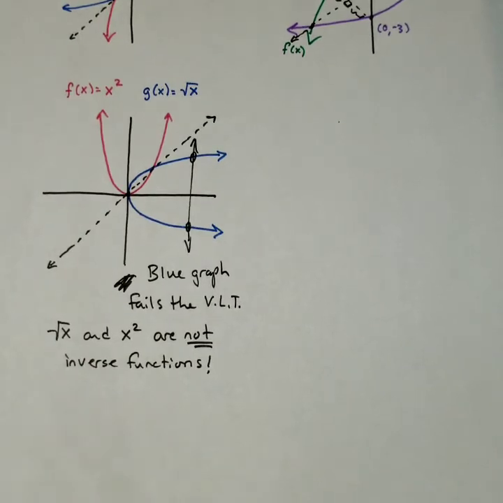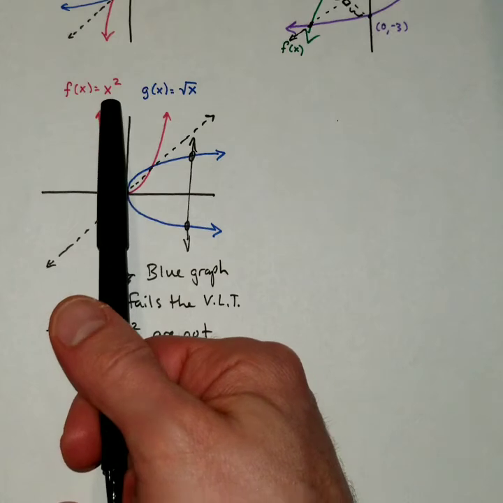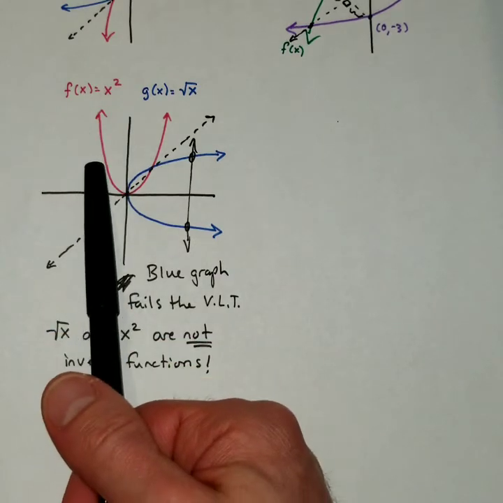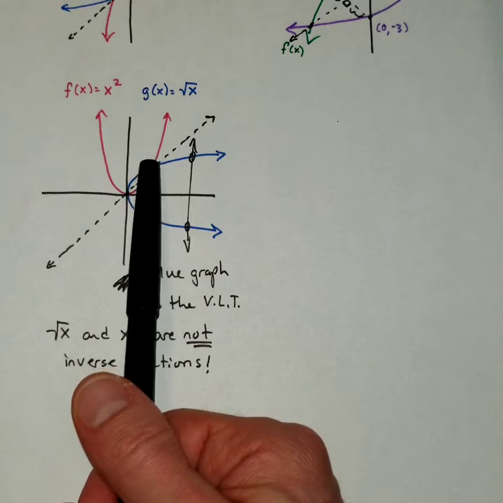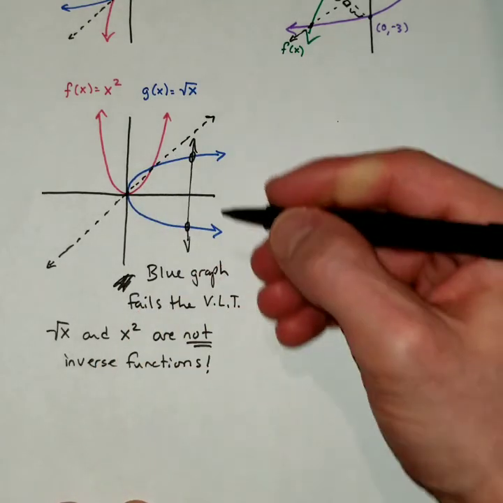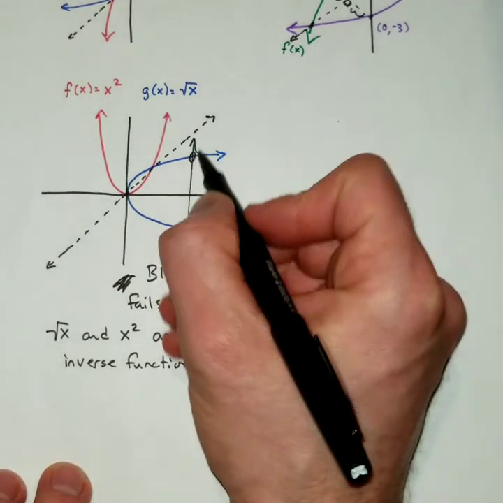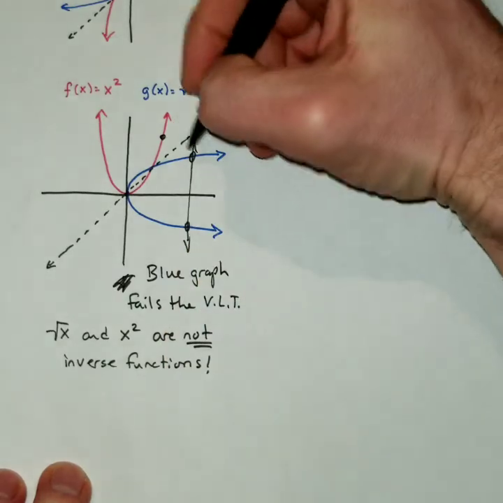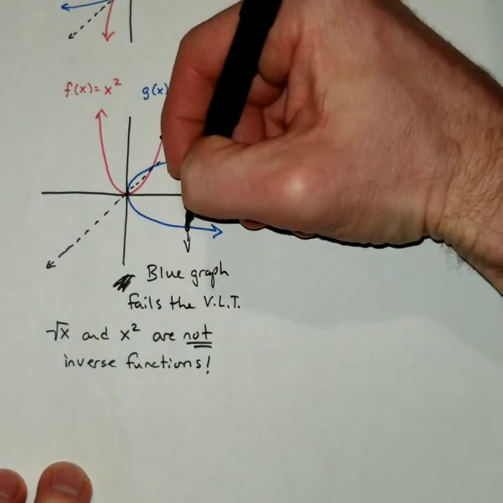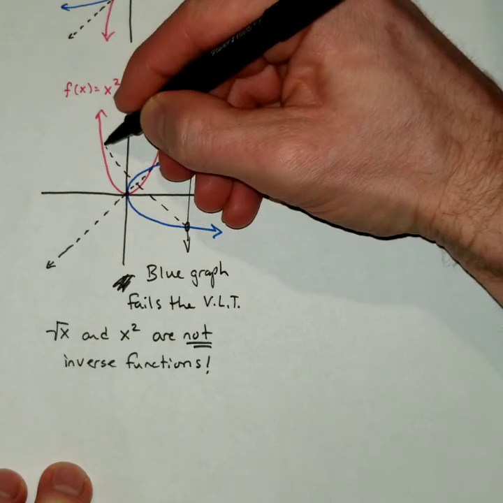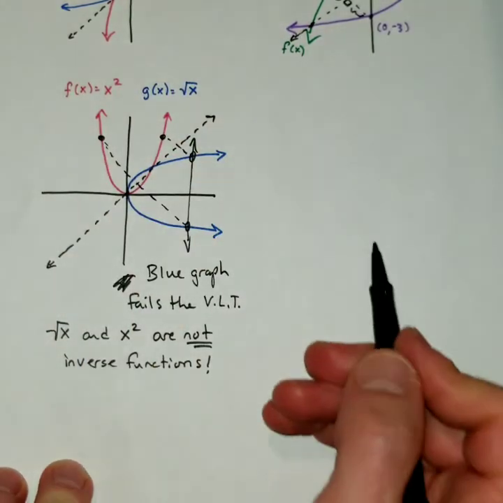So how do I know? I mean, those seem like they would work if x cubed and cube root work. And the problem is that this x squared function does not pass something called the horizontal line test. If this other one fails the vertical line test, these 2 points must reflect from points that line up horizontally.